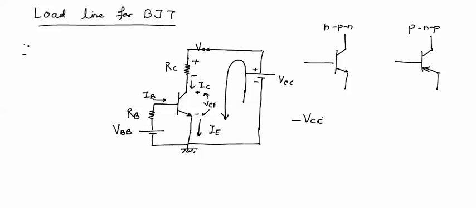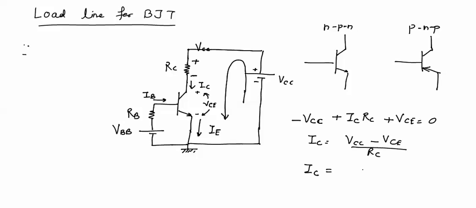We get VCC minus VCC plus IC into RC plus VC equal to 0. Now IC is equal to VCC minus VC upon RC. It can be modified as IC equal to minus VC upon RC plus VCC upon RC.